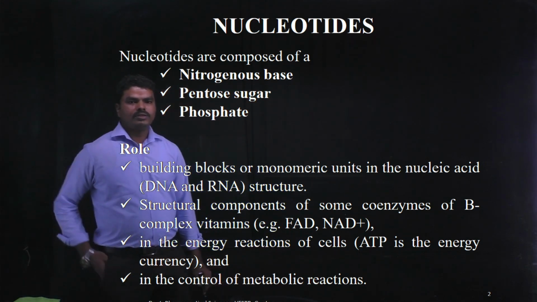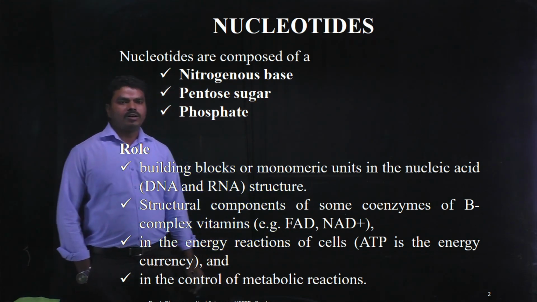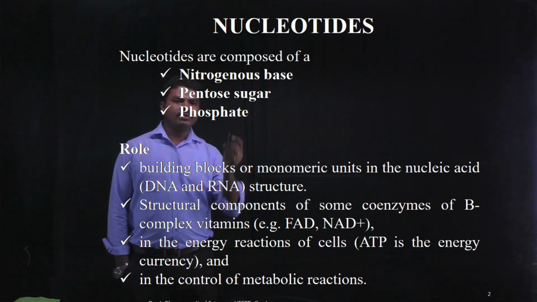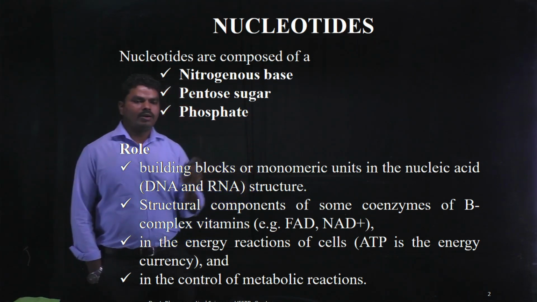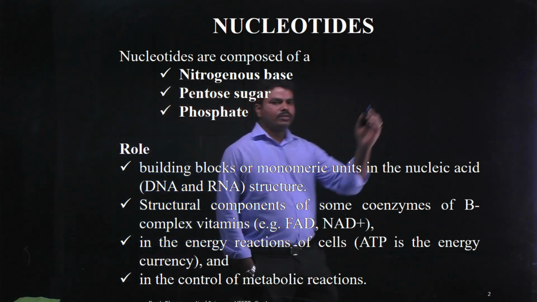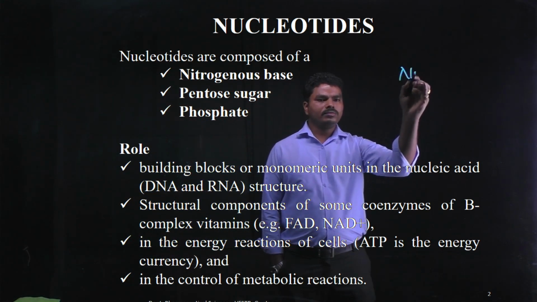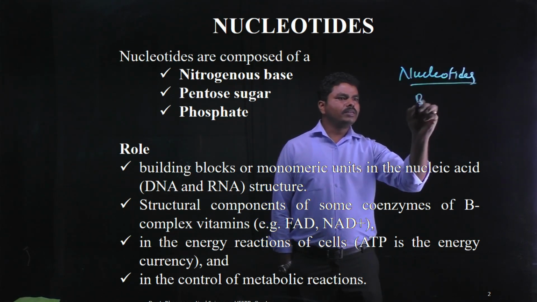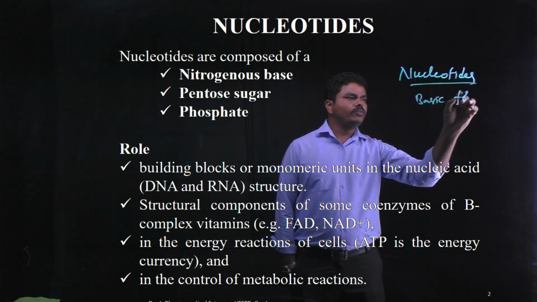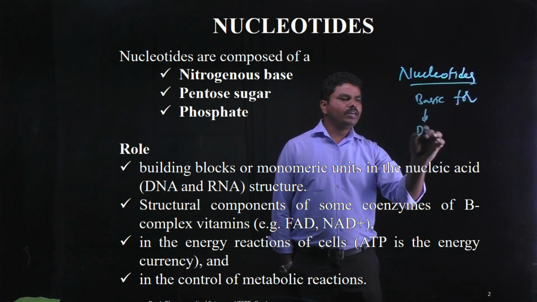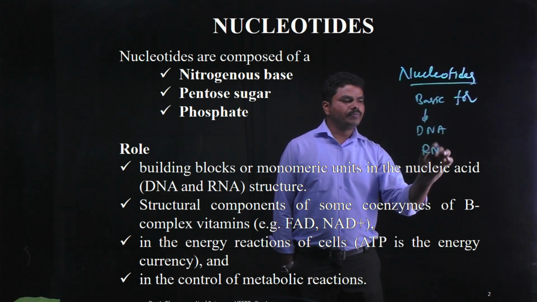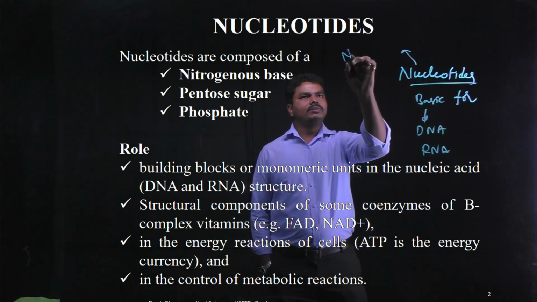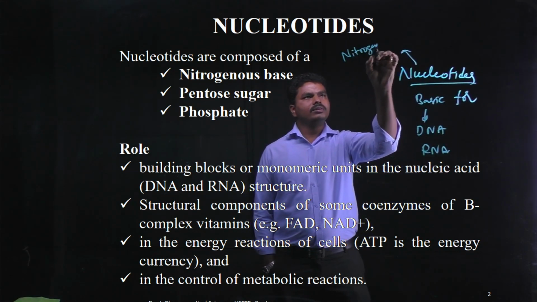So we know that these nucleotides are composed of nitrogen bases, pentose sugar, and phosphate. As I already said, these are the basic material for producing DNA and RNA.